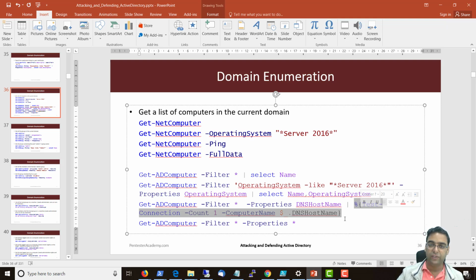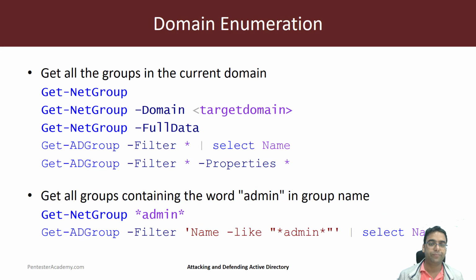So if ping is filtered onto an external firewall or the host firewall of a machine, this may give you a false positive, but it is worth a shot nonetheless. So these are the ways we can enumerate different machines or computers in the domain.